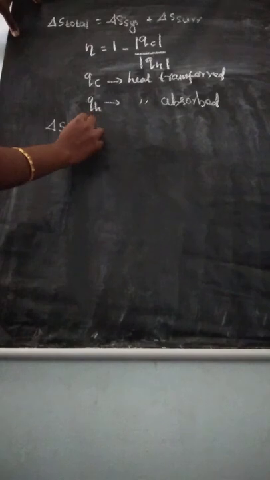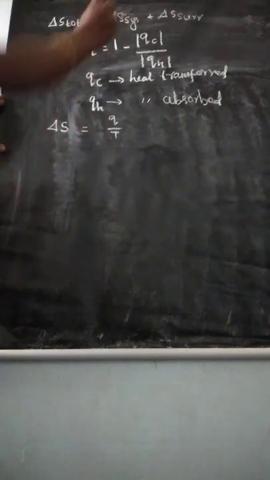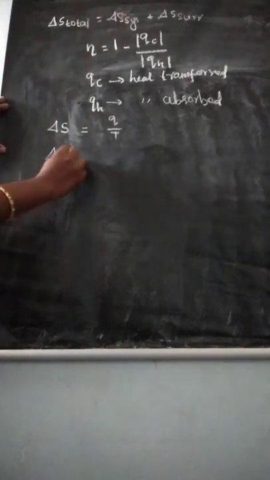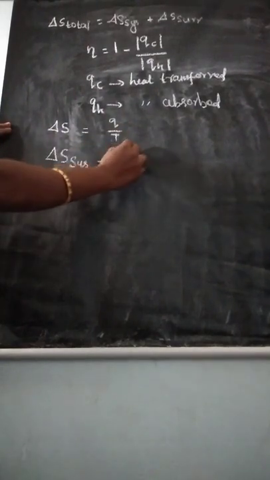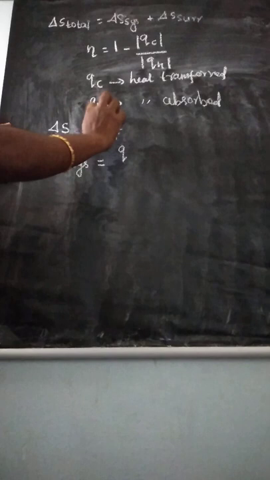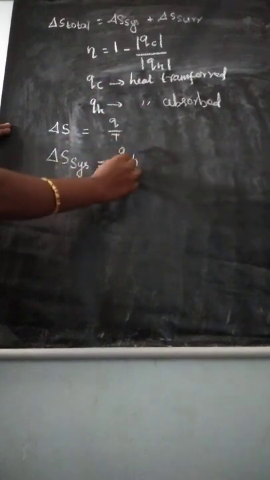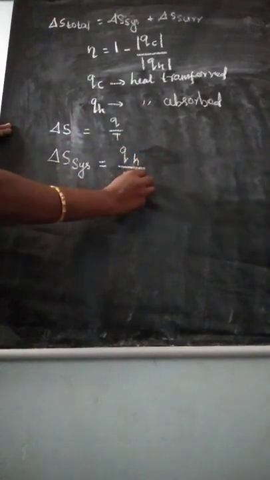Now we know the formula delta S total is equal to delta S system plus delta S surroundings. From this we can write the formula for delta S, which you already know: Q divided by T. Delta S system means the heat absorbed, so we write QH divided by TH.